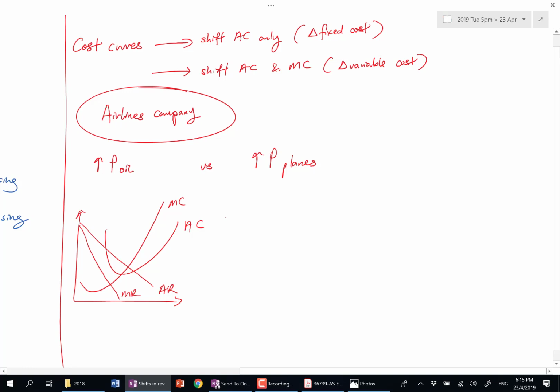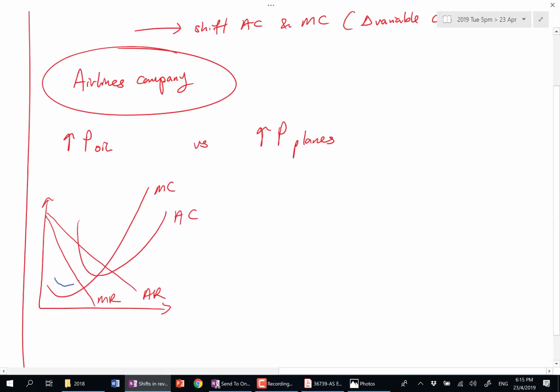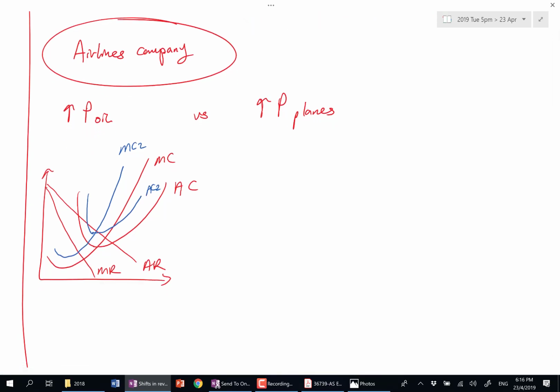If I'm looking at higher price of oil, I will have MC shifts up, AC shifts up. Actually, even if you cut, it's okay. It gets a little bit confusing, so the colors should help.